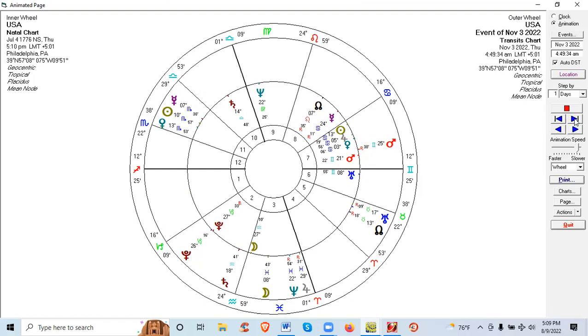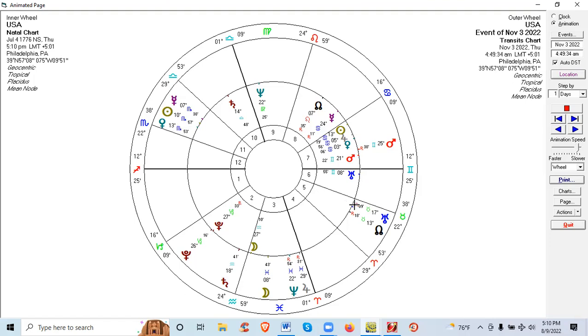And then let's go look at this group here. So now we have on the 3rd, coming into that whole week, we've got Venus over here opposing the North Node. And then we have the sun about to oppose the North Node.